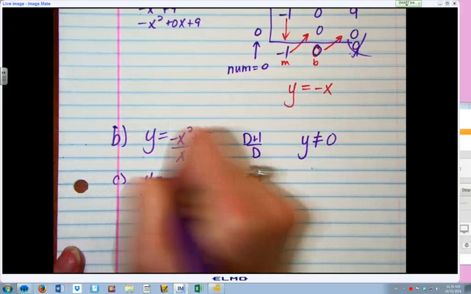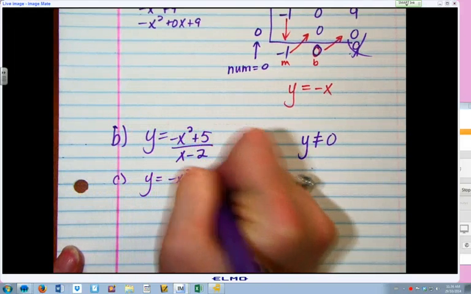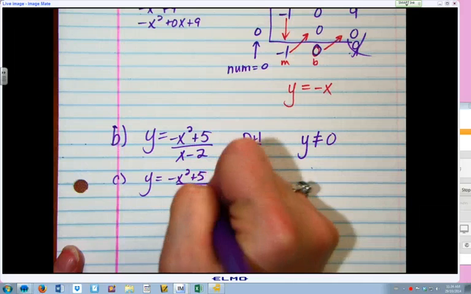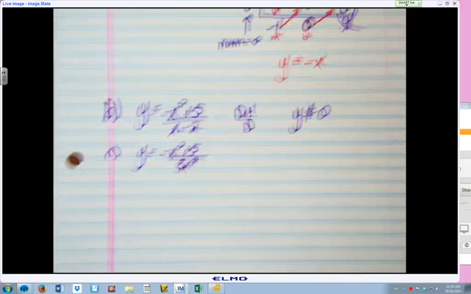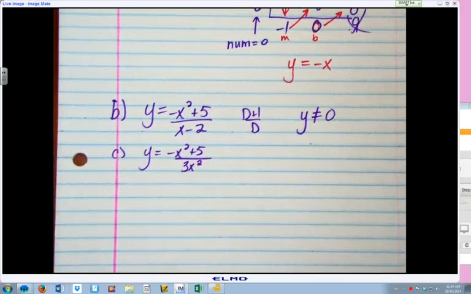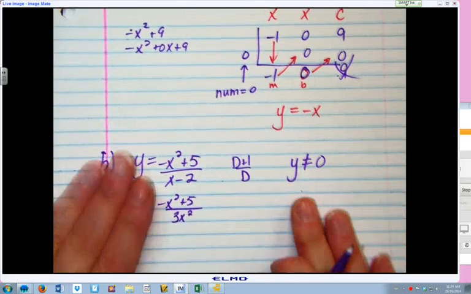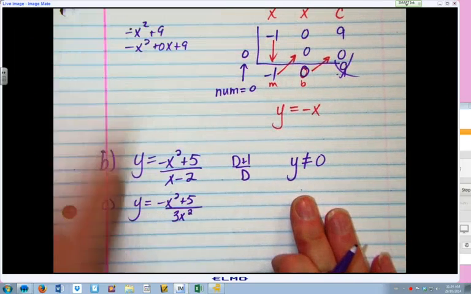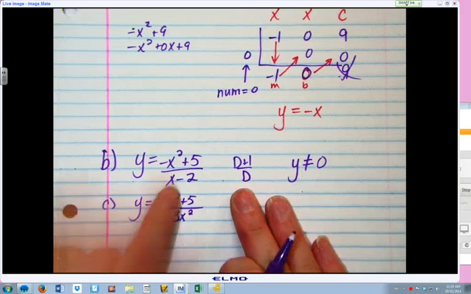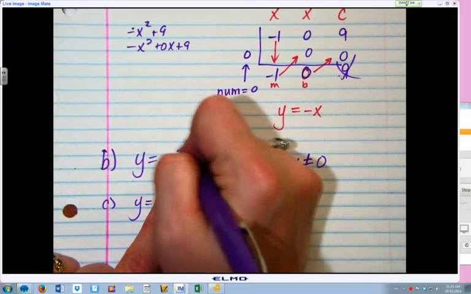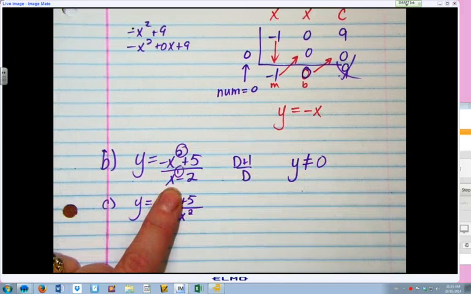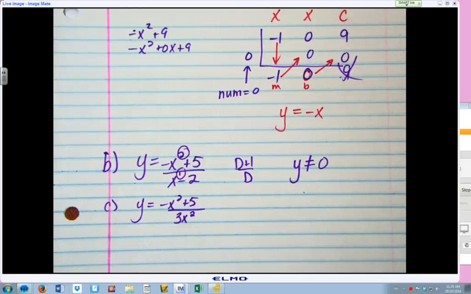Letter C. Okay, so same numerator as the last example, but we're going to change up the denominator. How do you know that it's degree plus 1? Because this is 2 and this is 1, so the top is 1 higher.